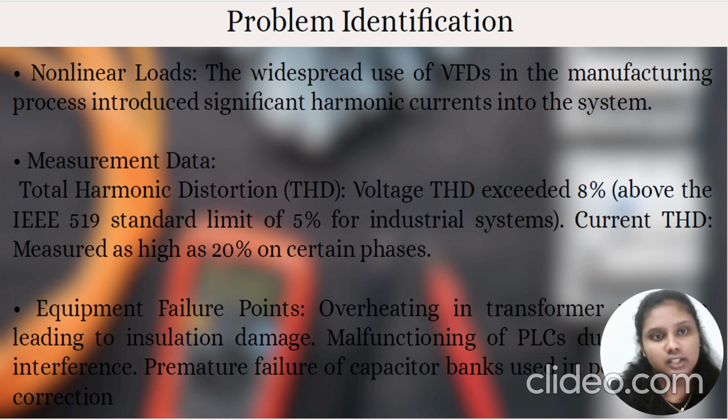So the current THD was measured as high as 20% on certain phases. So the equipment failure points are overheating in transformers leading to insulation damage, malfunctioning of PLCs due to signal interference, and premature failure of capacitor banks used in power factor correction.